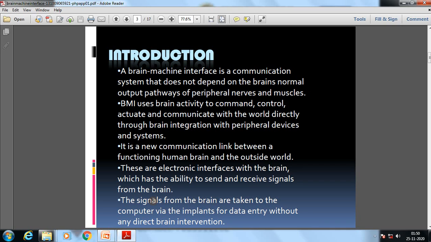It is a new communication link between a functioning human brain and the outside world. These are electronic interfaces with the brain, which have the ability to send and receive signals from the brain. The signals from the brain are taken to the computer via the implants for data entry without any direct brain intervention.